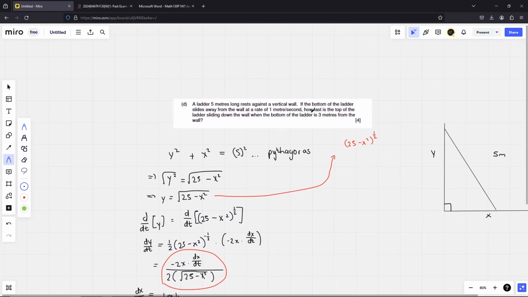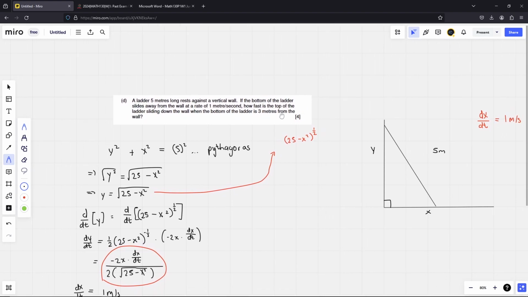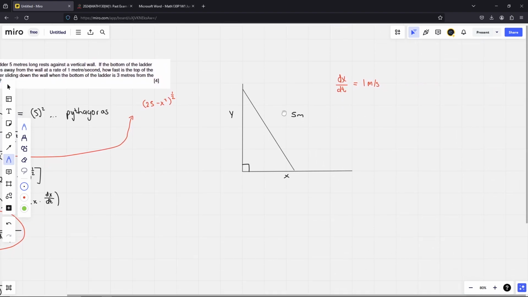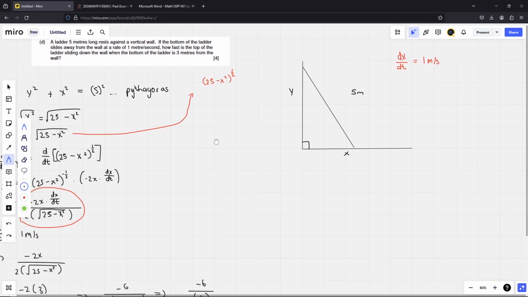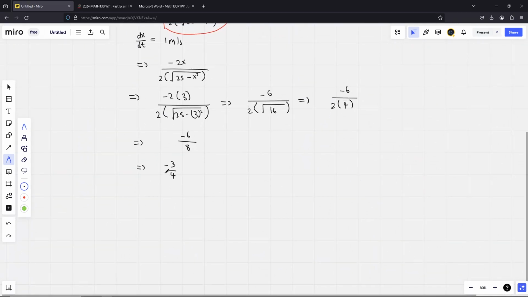And how fast is the top of the ladder sliding down the wall when the bottom of the ladder is 3 meters from the wall, and additionally the bottom of the ladder is sliding away at this rate? Well, the top of the ladder is sliding down at minus 3 over 4 meters a second.